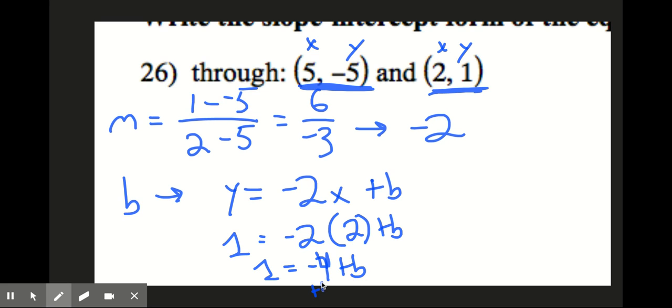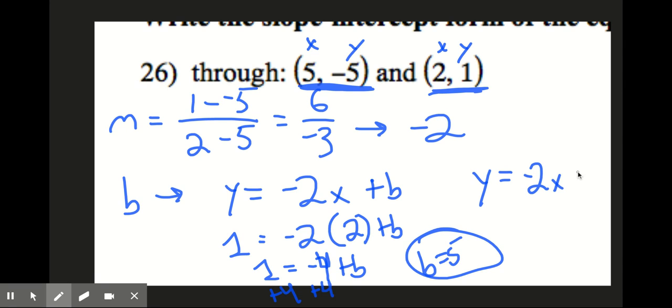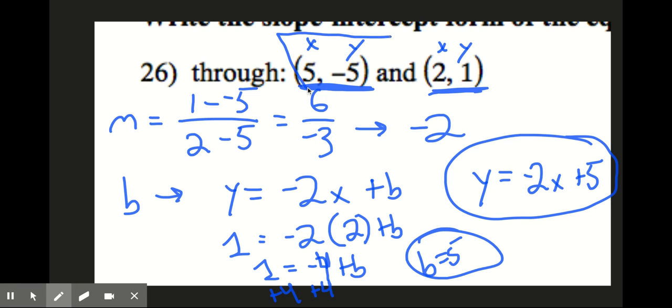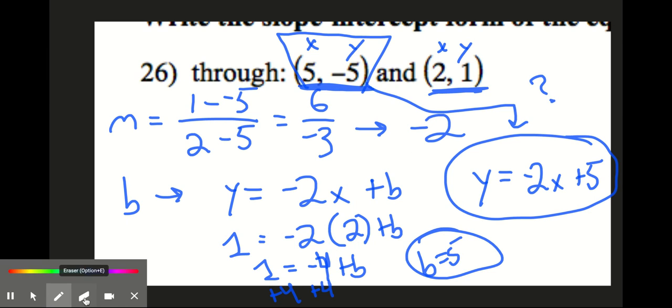So I add 4 to both sides. My b value is 5. So I get to say y equals negative 2x plus 5. And if you really wanted to check your work, you could take this one right here and confirm, hey, does that work? And it will.